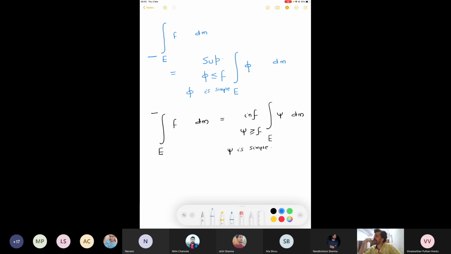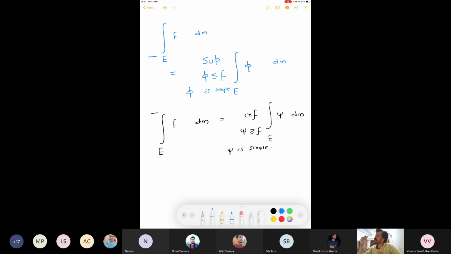Whether you should underestimate and make the underestimate better, or overestimate and make the overestimate better, is a question. How did Riemann tackle that question? He did not bother about whether to take underestimate or overestimate.